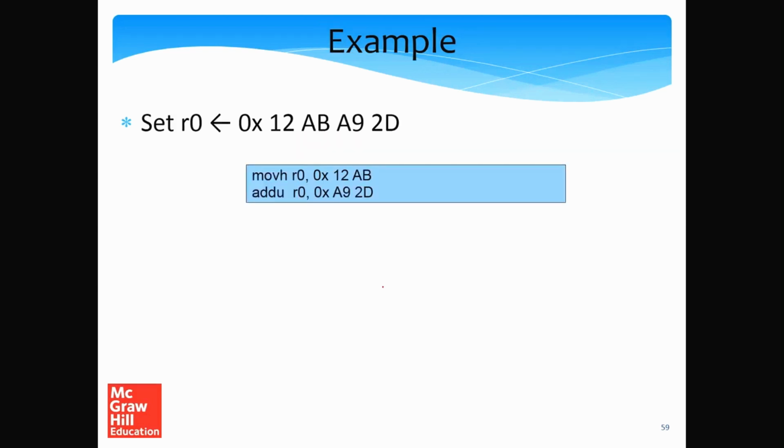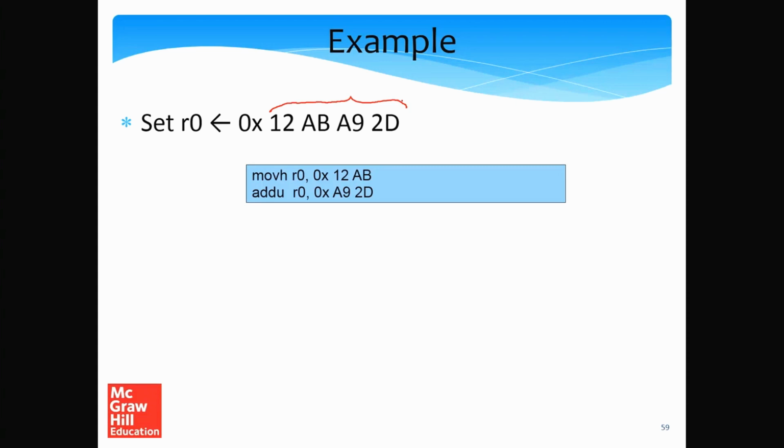So now let's look at a simple example. Let's assume that this complicated constant over here needs to be saved into R0. If we didn't have the modifiers, it would actually take us a lot of instructions. It is complicated.